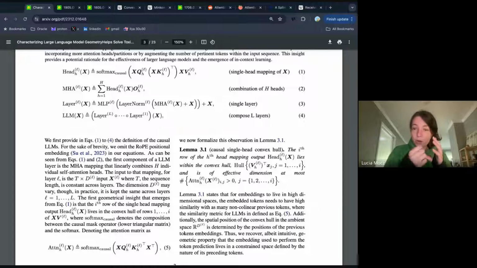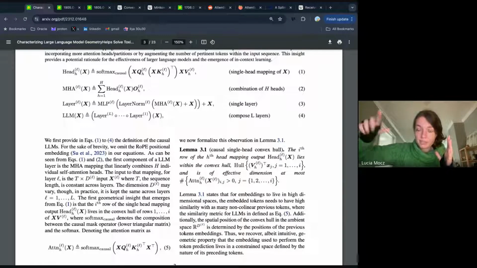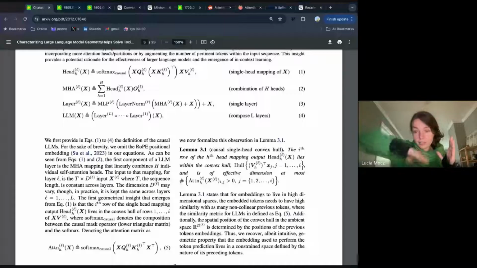If you have a much higher attention correlation with the previous vectors, then this convex hull is going to be bigger. It's going to span more dimensions inside of the space. And that means you're going to hit a wider range of potential next vector generations for the I+1th, because the I+1th has to be in the convex hull of the first i.